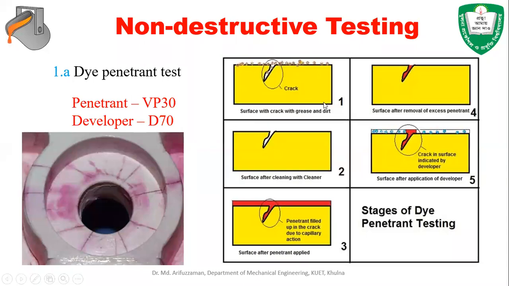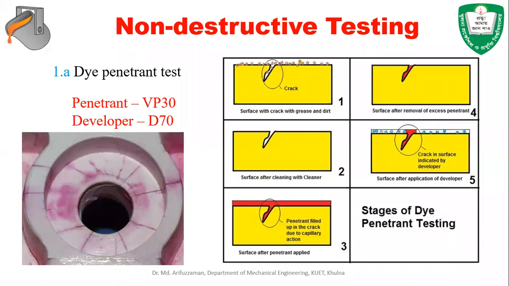First of all, you have a surface with a crack on it, but it will have a lot of dust on it, and also oils and greases, and there might be oxides of the metal. You need to really clean the surface very carefully so that there is no grease or foreign material on the surface.